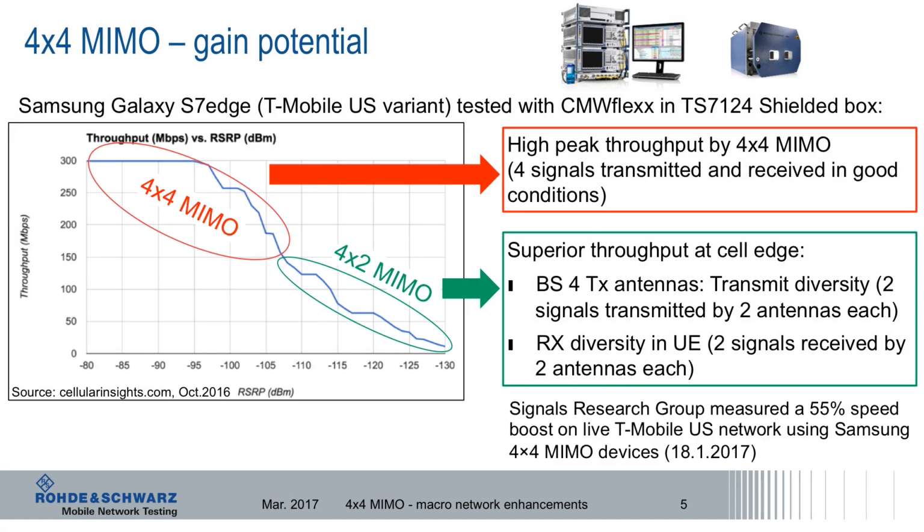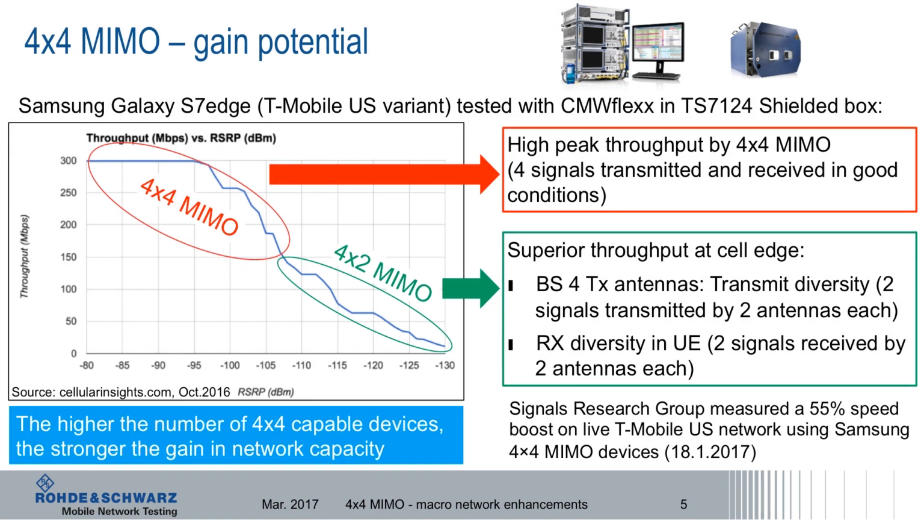In the live T-Mobile US network for 4x4 MIMO, tests have also been done, and they showed a speed improvement around 55%, comparing a 4x4 MIMO device to a 2x2 MIMO device. So this is the same message here. It's not only for peak data rates, but is as well good for the performance at the cell edge.